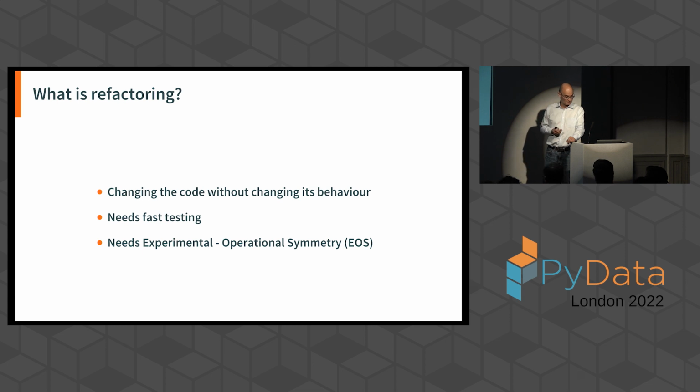It requires two steps. It needs fast testing. It means that you need to have an easy way to verify that the change you made to the code didn't break that code. And it also requires what's called experimental operational symmetry, EOS for short, which we are going to see why it is important.